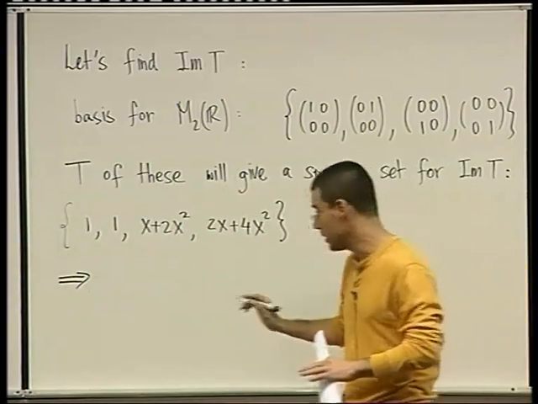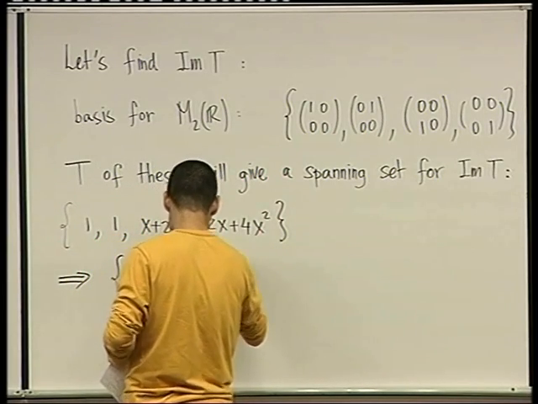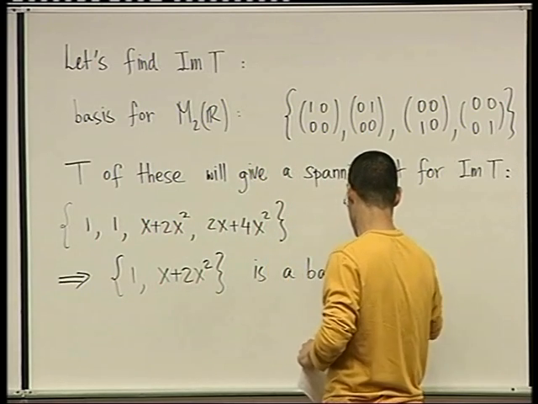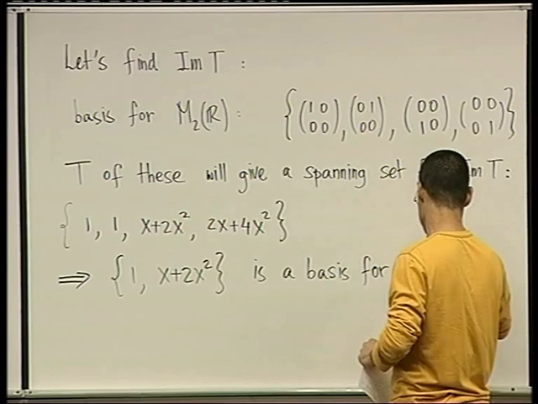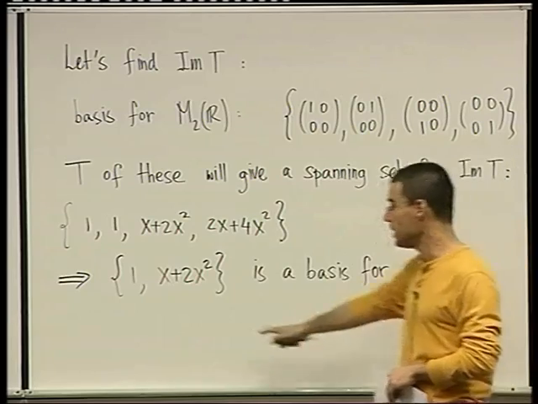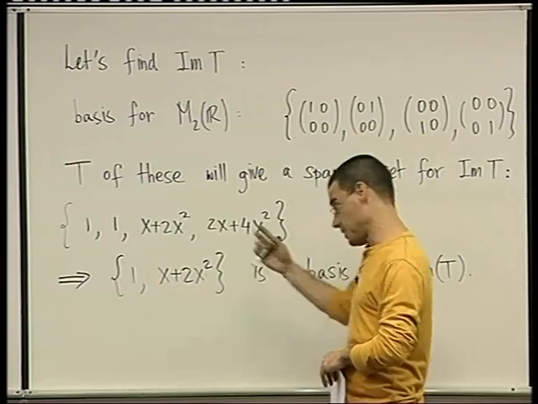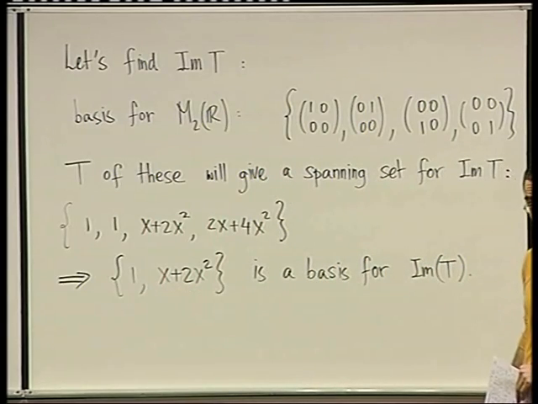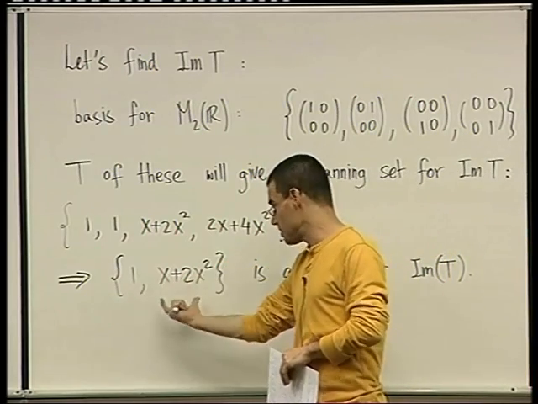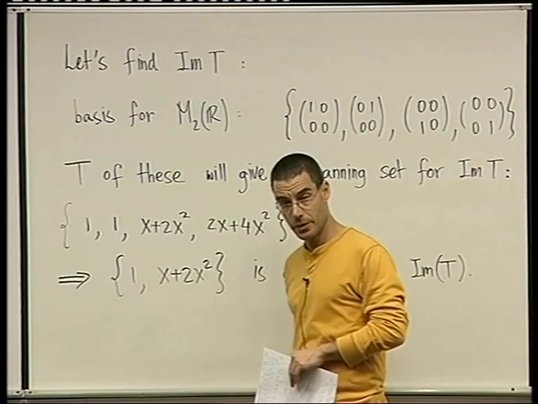I'm just going to write that 1 and x plus 2x squared is a basis for the image. Any polynomial in the image is going to be a linear combination of these two guys. And obviously, this is not all the polynomials. There's no restriction on the free coefficient, but there is a big restriction on the relation between x and x squared.